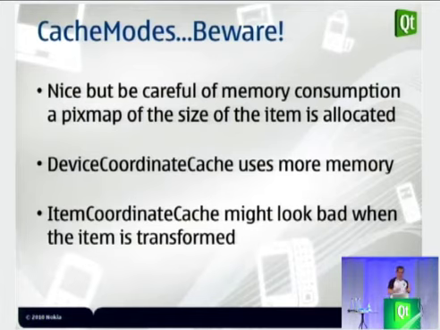So if the item is untransformed, use item coordinate cache. The drawback of item coordinate cache is that it might look bad when the item is transformed, because we operate on the pixmap, and we all know that if you scale a pixmap, it looks bad. I'll show exactly what's going on when it's wrong.